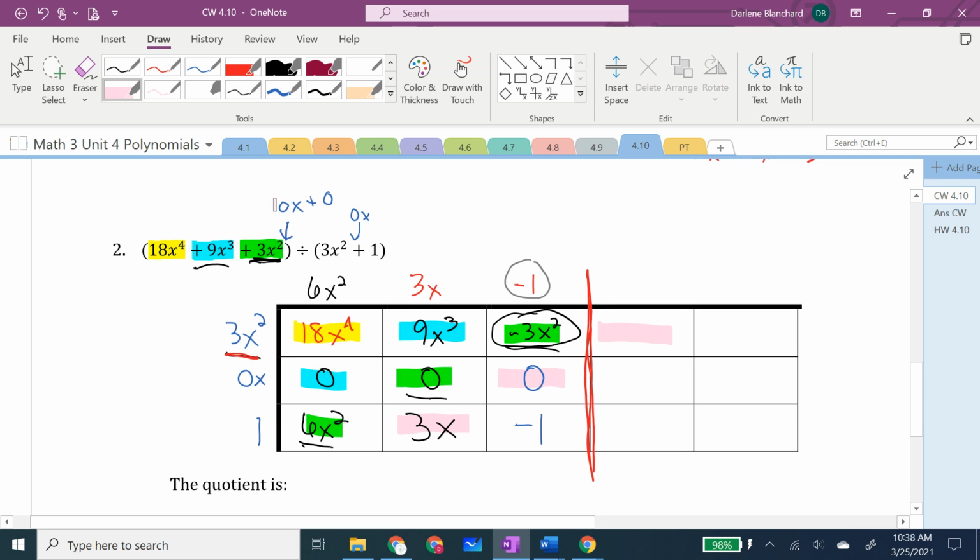I need to make 0x. When I add what I have so far, I have 3x. I have to add a negative 3x to make it go to the 0x that I'm expecting to get.